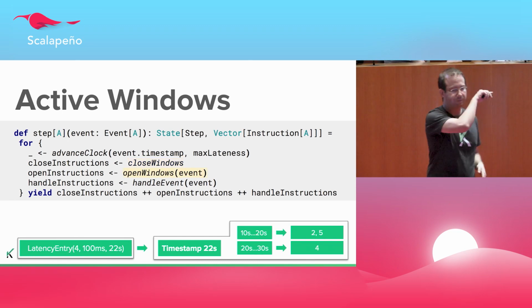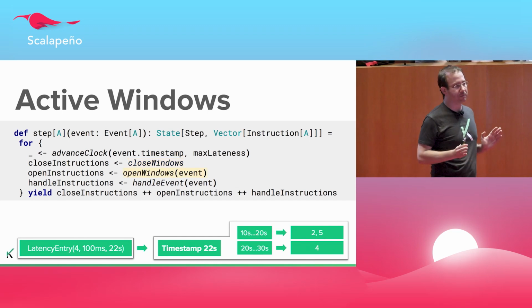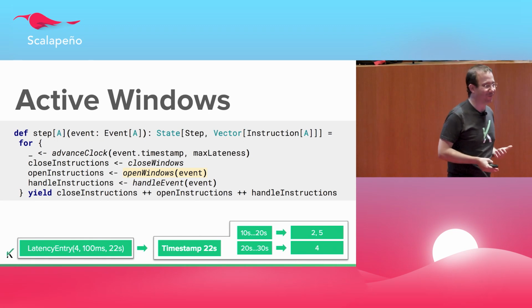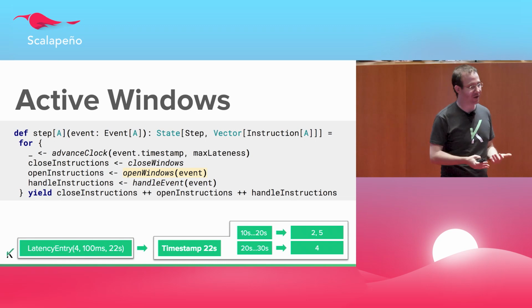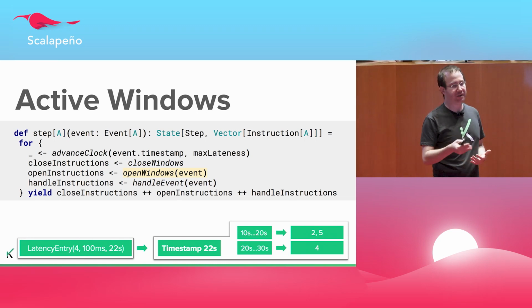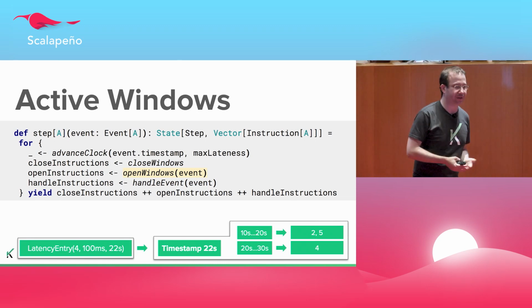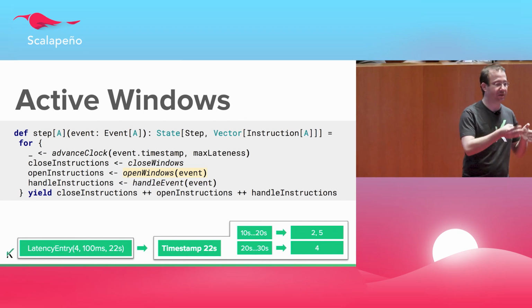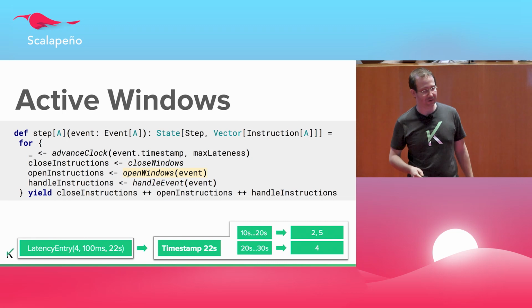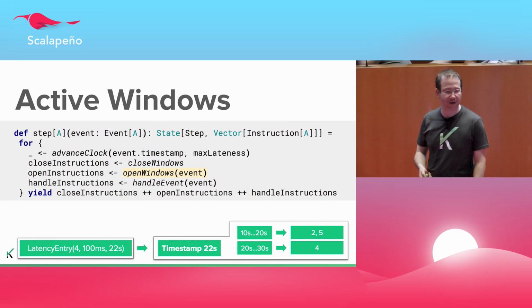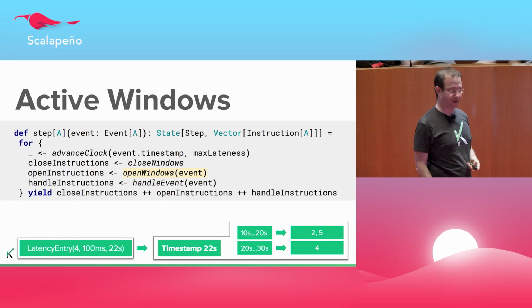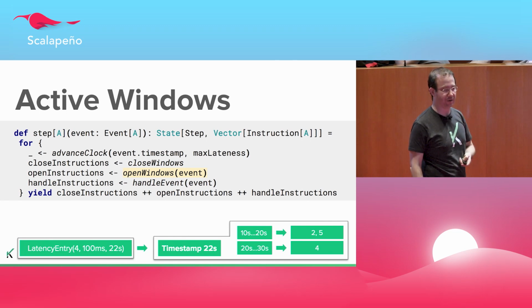And then we want to open one window, because we now have a new event. That event is related to a session ID that hasn't yet been encountered in the 20 to 30 second interval. So we see below now a 20 to 30 second interval with a new partition, a new session ID.